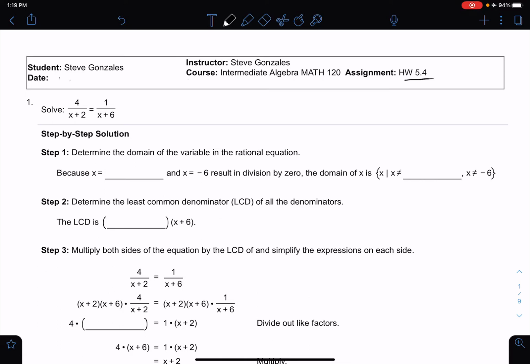When you multiply by the LCD, you're guaranteed to cancel common factors because the LCD is a polynomial that each of those denominators will go into, therefore will reduce with. So basically the idea is you clear the fractions, making a new equation without fractions.